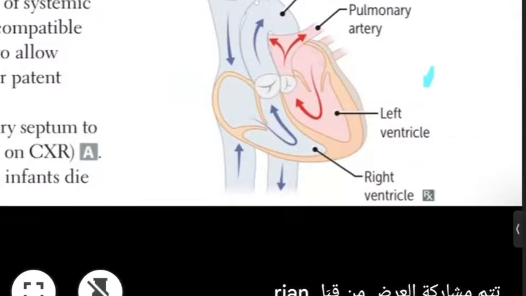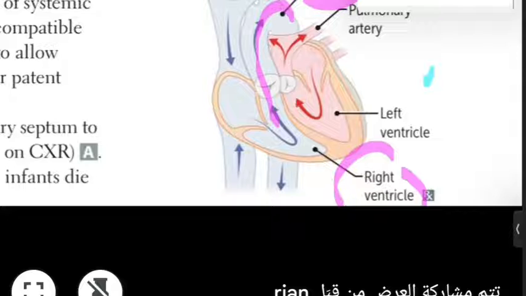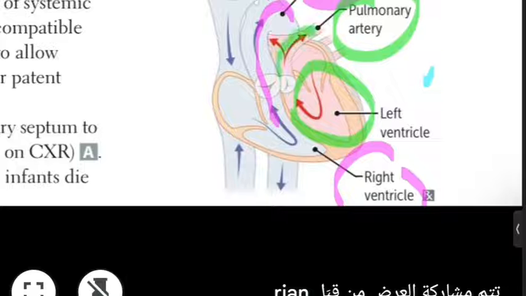To make the idea more clear, you have here transposition of the great vessels. So you have the aorta, okay? Here you have the aorta that comes from the right ventricle, and here you have the pulmonary artery that comes from the left ventricle.